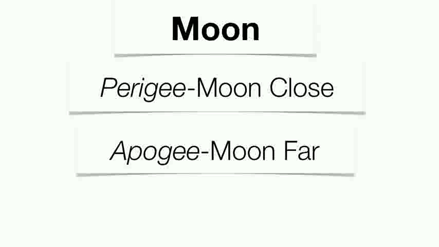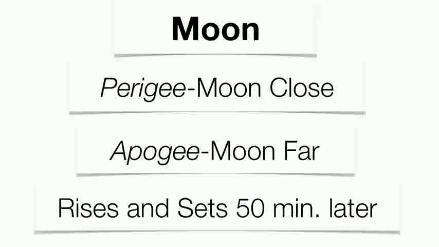And the reason for that, the moon has an elliptical orbit around the Earth. The moon rises and sets about 50 minutes later each day or each night, depending on the phase that you're in. So if the moon rises tonight at, say, 7 o'clock, it's going to rise tomorrow at 7:50, the next night at 8:40, the next night at 9:30, and so on.